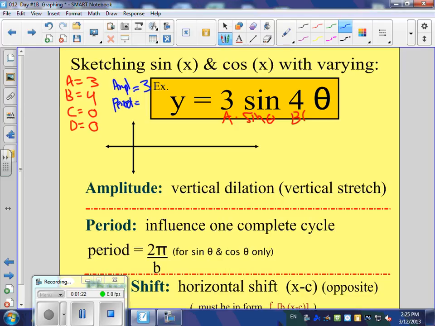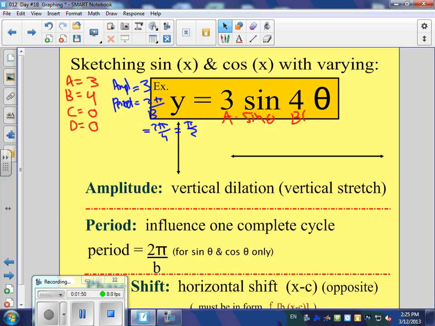Normally one cycle goes 0 to 2 pi. But if you see a B value, that's going to decrease how long each cycle is. So in this case, what's 2 pi over 4? Pi over 2.